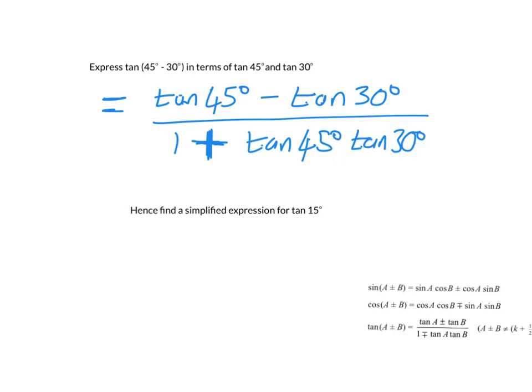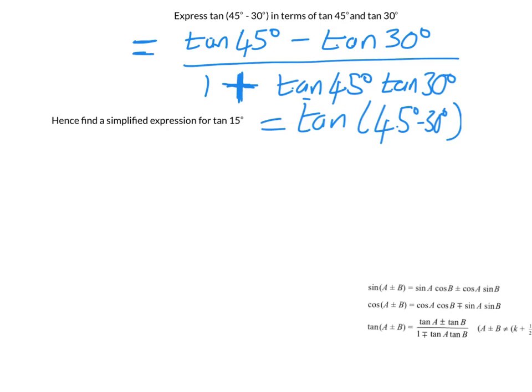So let's look at, well, what's tan 15? Well, remember tan 15 is just the same, isn't it, as tan of 45 degrees minus 30 degrees. Okay, so we're going to be using tan 45 and tan 30. So if we remember, yep, that's right, tan 45 degrees is of course 1. Remember those triangles.